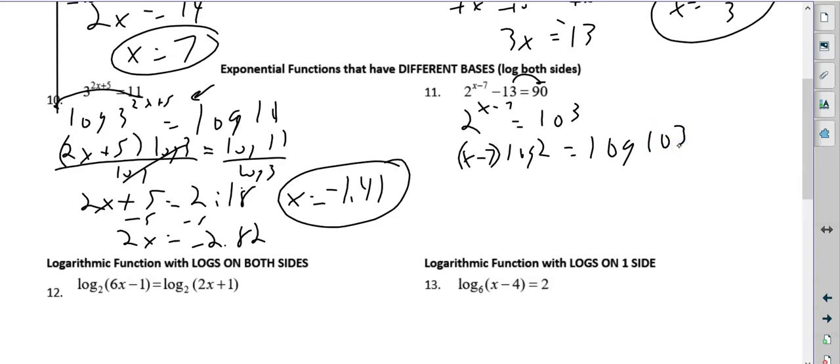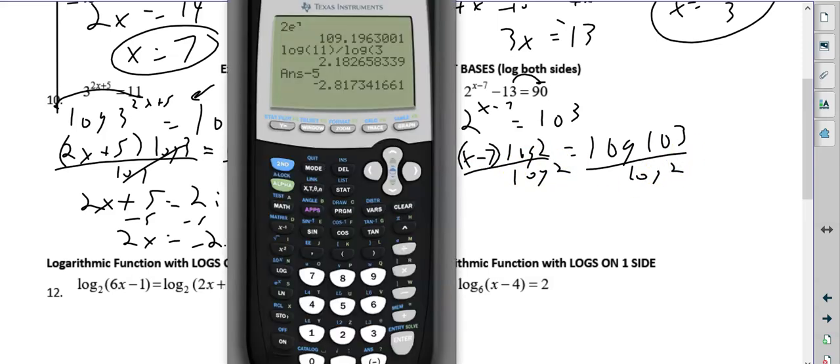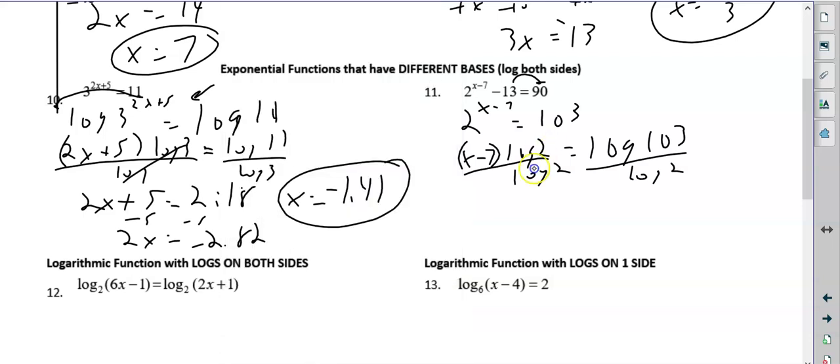Okay? And I divide by log 2. So I take my calculator. Log 103, close those parentheses, divided by log 2. Those parentheses don't matter really. 6.69. Okay?